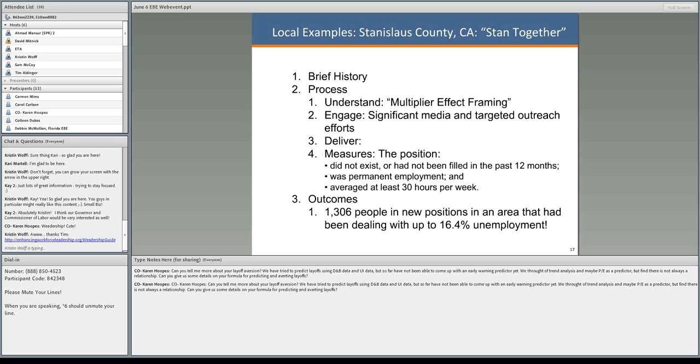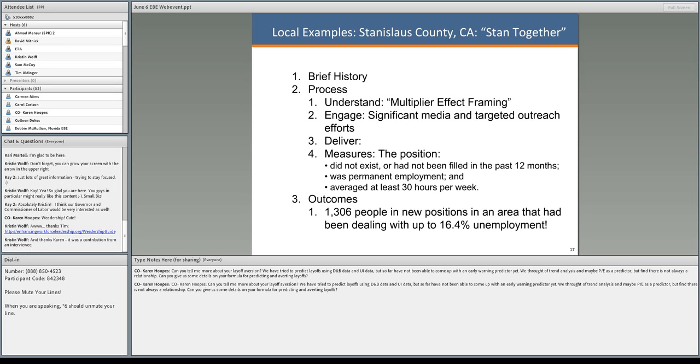It's east of the Bay Area, and it has been an area with really stubbornly high unemployment through this recession. In fact, at times in Stanislaus County, they were looking at official unemployment rates of 16.5%, and as we all know, that is often low when you take in other factors. So really stubbornly high unemployment.